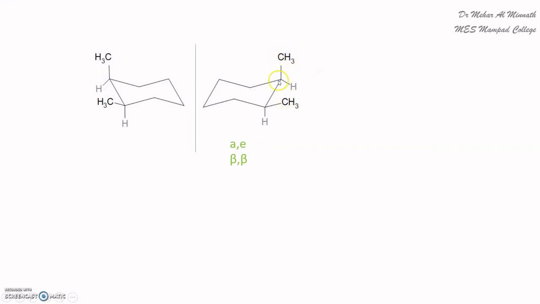Now you can make the full circle in this direction also, like 7, 1, 6. But it's better you take the direction like this, 7, 1, 2, so that the substituent is arrived at the earliest. Now when you move from this axial substituent to the equatorial substituent, you take this route, 7, 1, 2, 3, 4, 5, 6. So you're going clockwise. Now when you take the mirror image, it is again axial equatorial, it is again beta-beta.